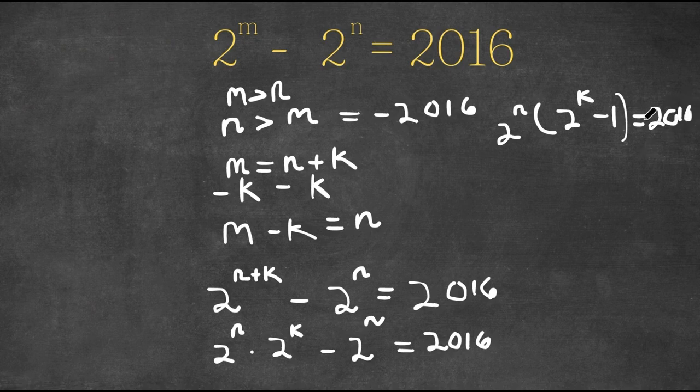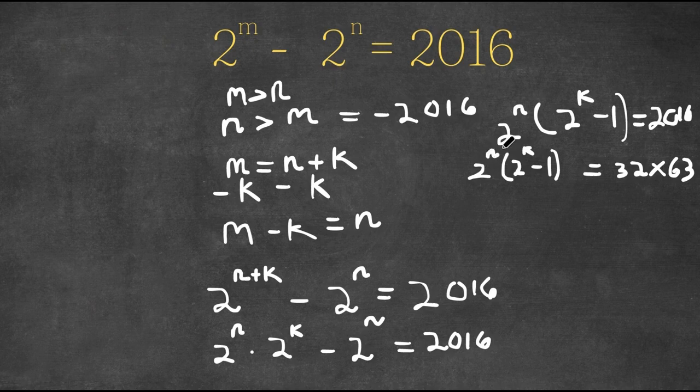So now 2016 is actually equal to 32 times 63. So now we have 2 to the power of n times 2 to the power of k minus 1 is equal to 32 times 63.